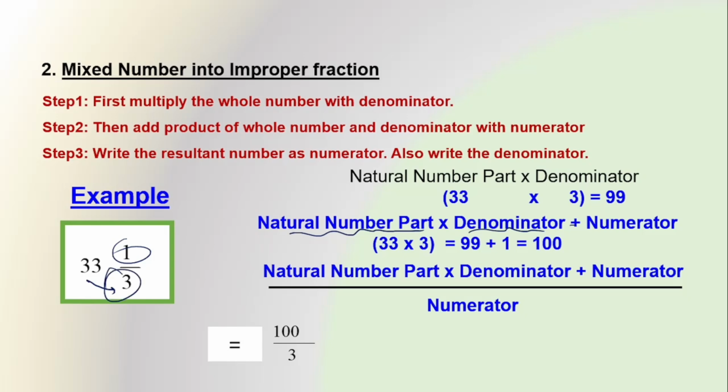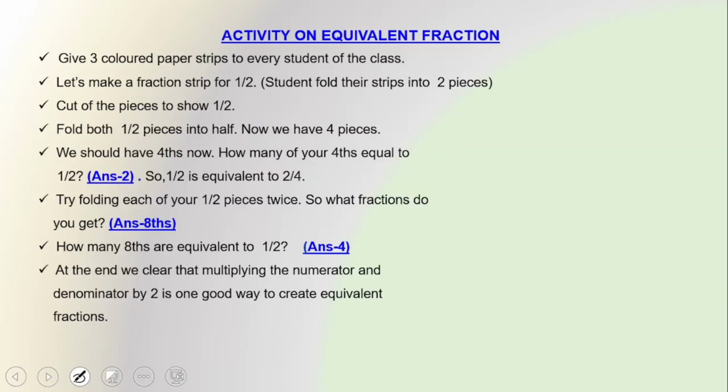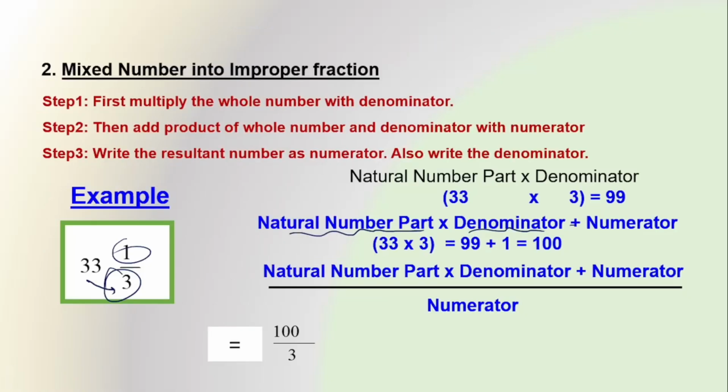So the answer is 100 by 3. Then suppose another example is 2 whole 3 by 7. How to convert? First we multiply 2 times 7, how much? 14. Now add 3 divided by 7. So 14 plus 3 is 17, 17 by 7 is the answer.